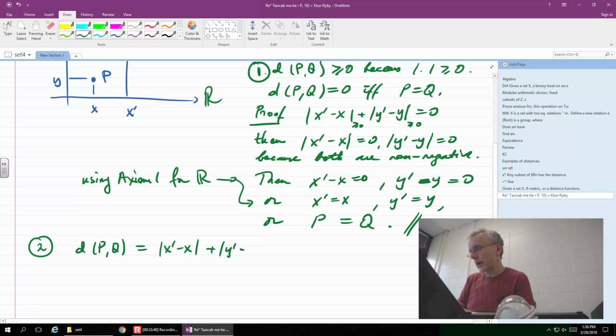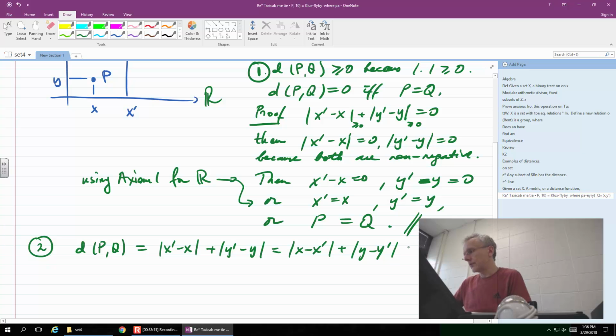It is the same as |x minus x prime| plus |y minus y prime|, right? Which is d(q,p). That's the symmetry, right?